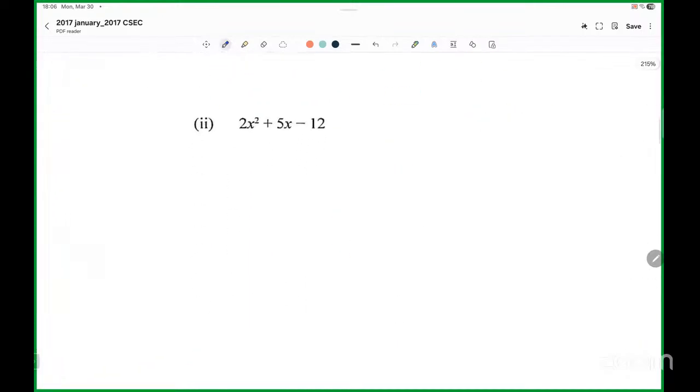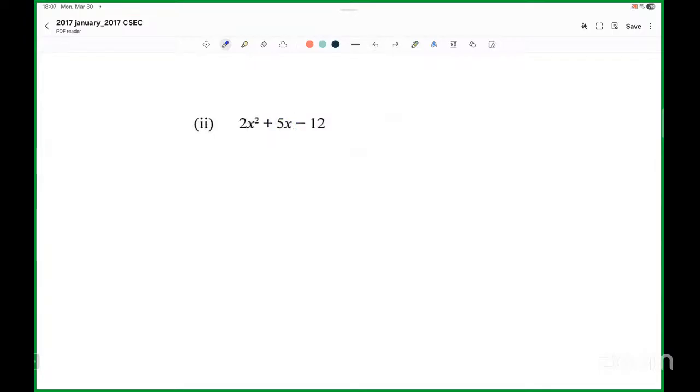Factorize this one. Let's go through the process again. We want to factorize a trinomial quadratic with 3 terms, called a trinomial. You want to split this middle value, split that 5x and turn it into 2 values, so you can factorize by parts. Understand? All right?